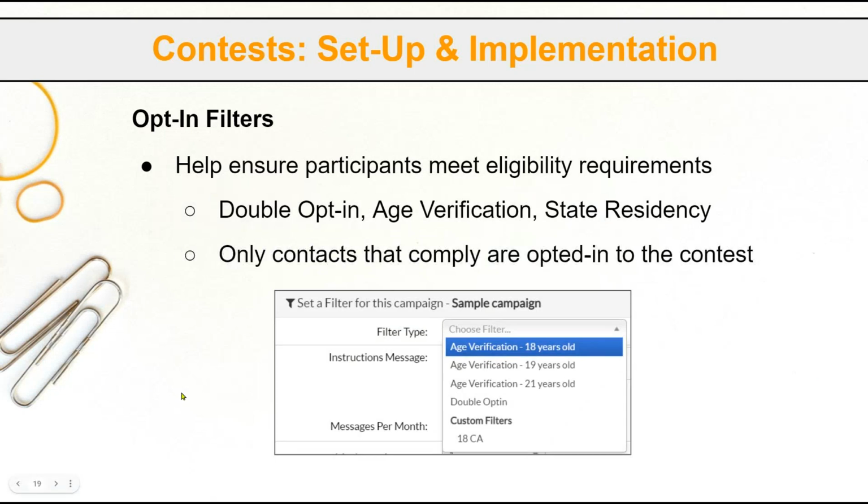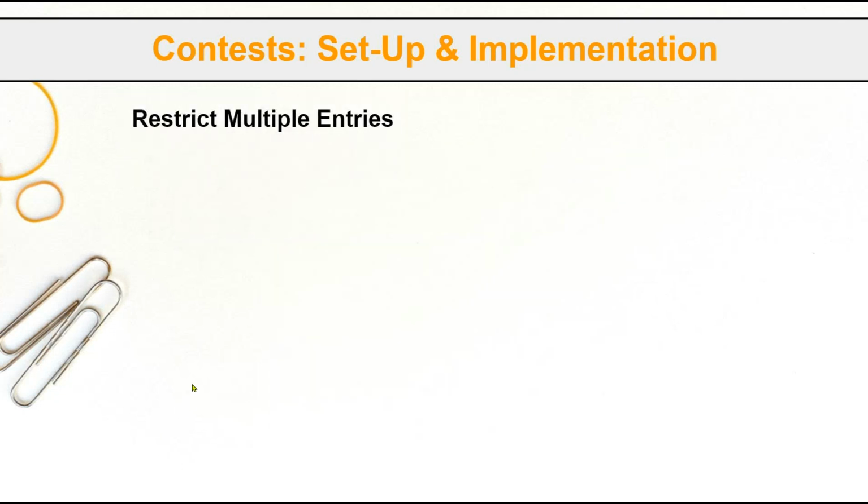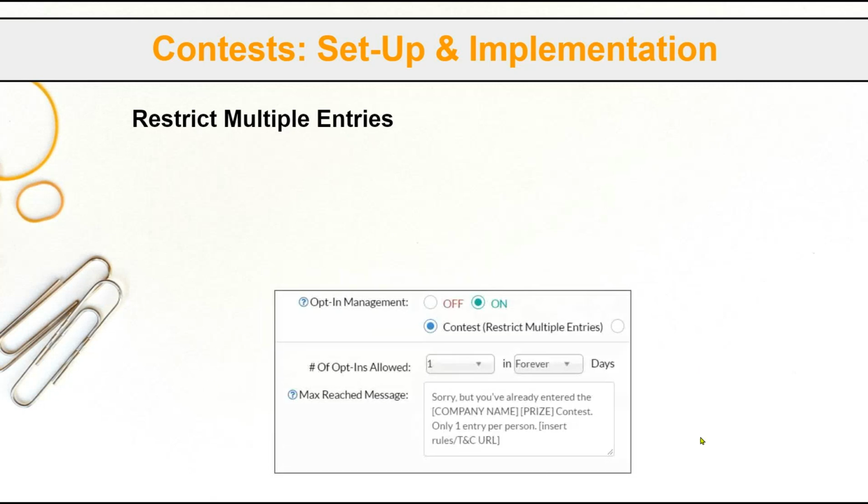When an opt-in filter is active, only the contacts that comply with the filter are opted in to the contest itself. Due to the differences in selection methods, restricting multiple entries impacts contests and custom campaigns differently. So here is a sample of the opt-in restriction from opt-in management.